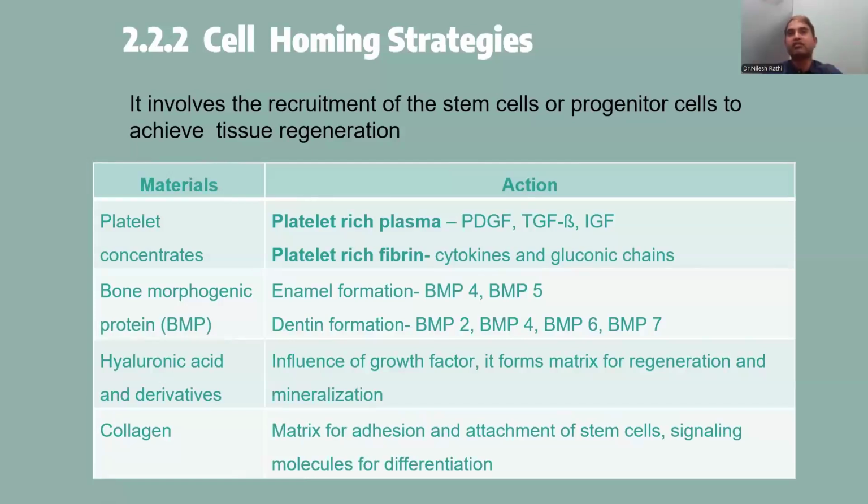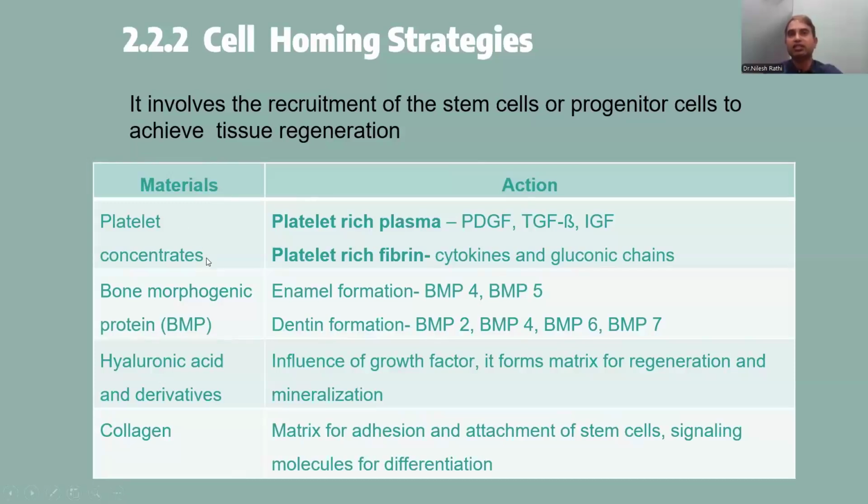Here it is altogether a different thing. They are not trying to add something, but they are trying to propagate the growth by adding the growth factors or their progenitor cells. So the examples are platelet concentrate.